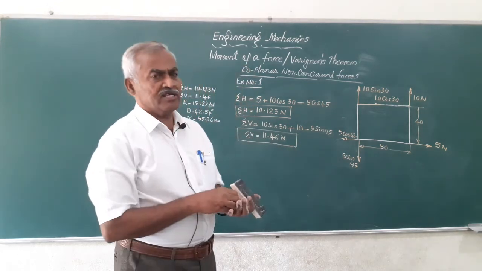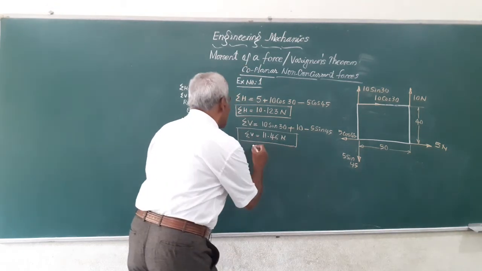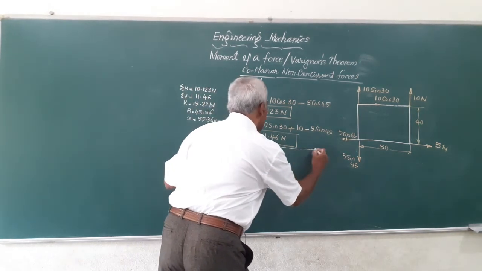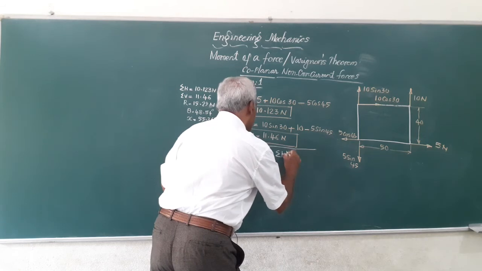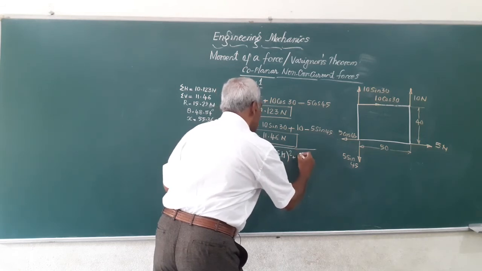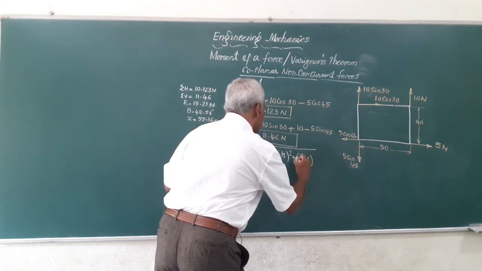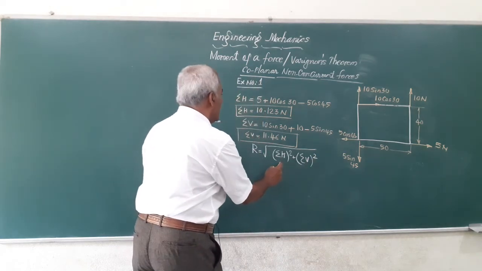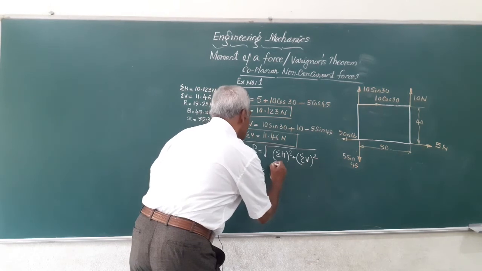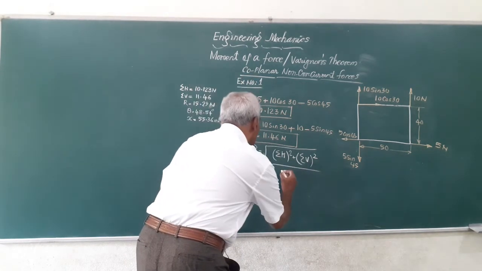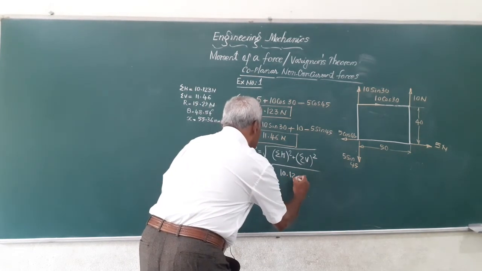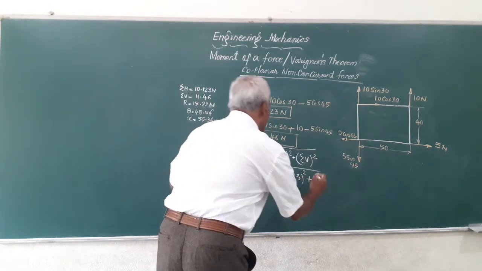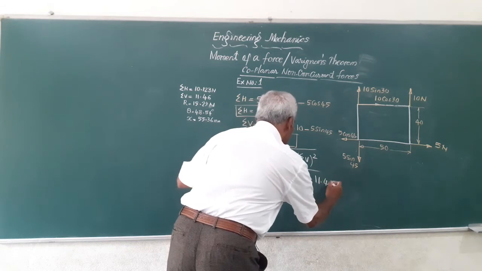Once you know sigma H and sigma V, we have the formula to find the resultant, given by R equal to the square root of sigma H square plus sigma V square. You substitute these values of sigma H and sigma V in this formula, that is, the square root of 10.123 square plus 11.46 square.